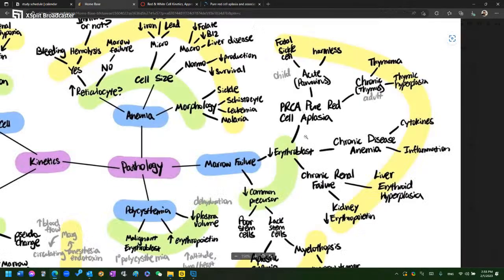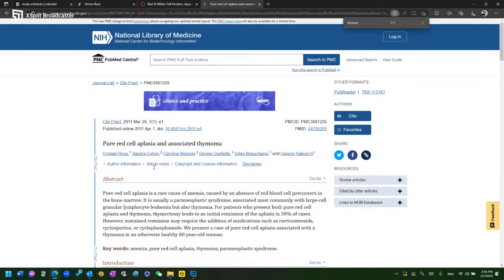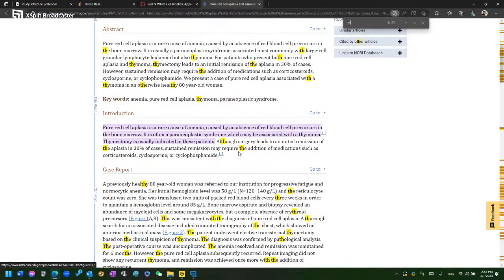So these are all actually pure red cell aplasias that we're talking about here with the thymus. So why thymoma though, right?